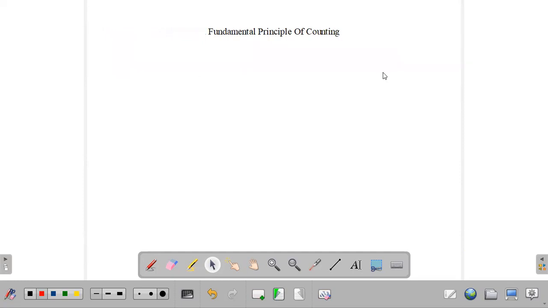Okay, so here we have to focus on two things in the fundamental principle of counting. One is multiplication, the other one is addition. So please make a note of this. Two things are there. The first thing we will discuss is the fundamental principle of counting, addition, and then the fundamental principle of counting, multiplication. So I'm writing those details here.